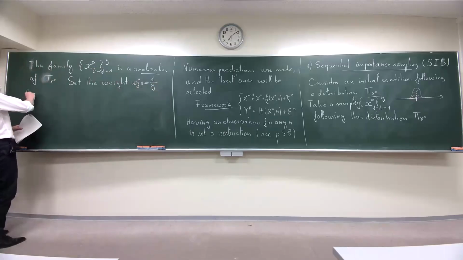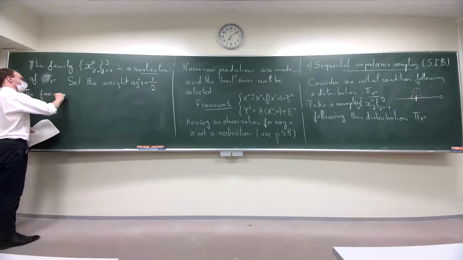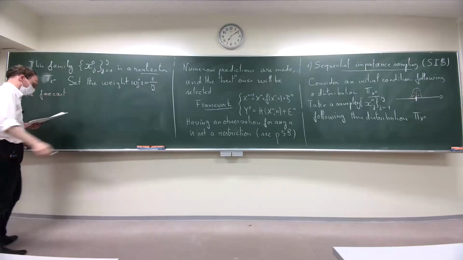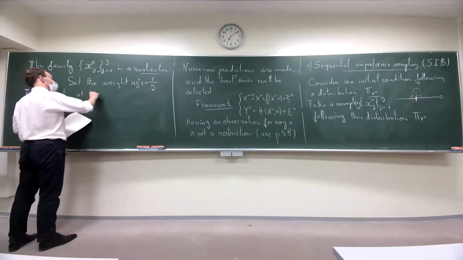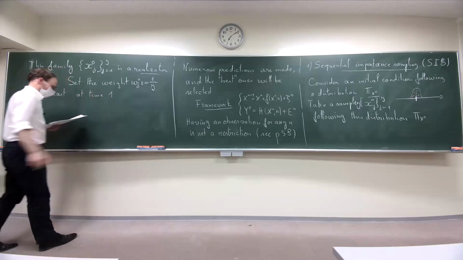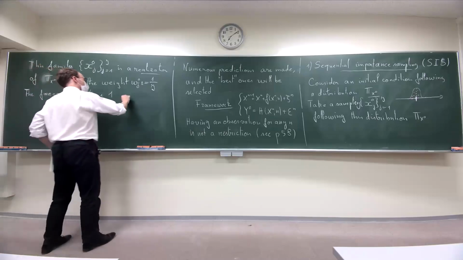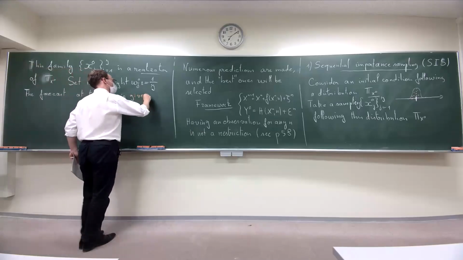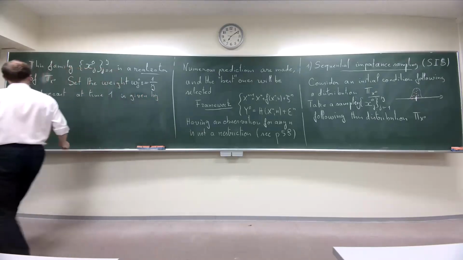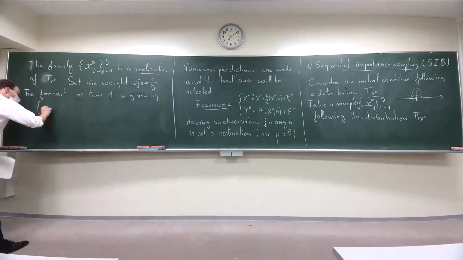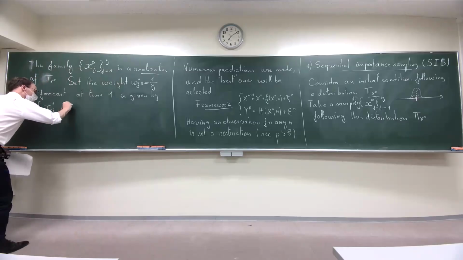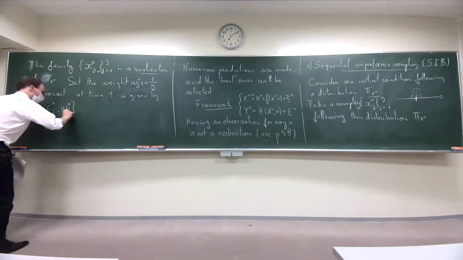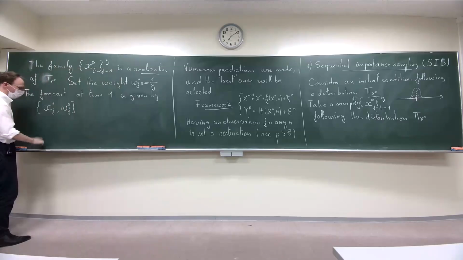So the focus at time 1 is given. I'm going to give it by the family x1^j, w0^j, j from 1 up to J. Be careful, I put a 0, so let me emphasize it, because it's a focus.